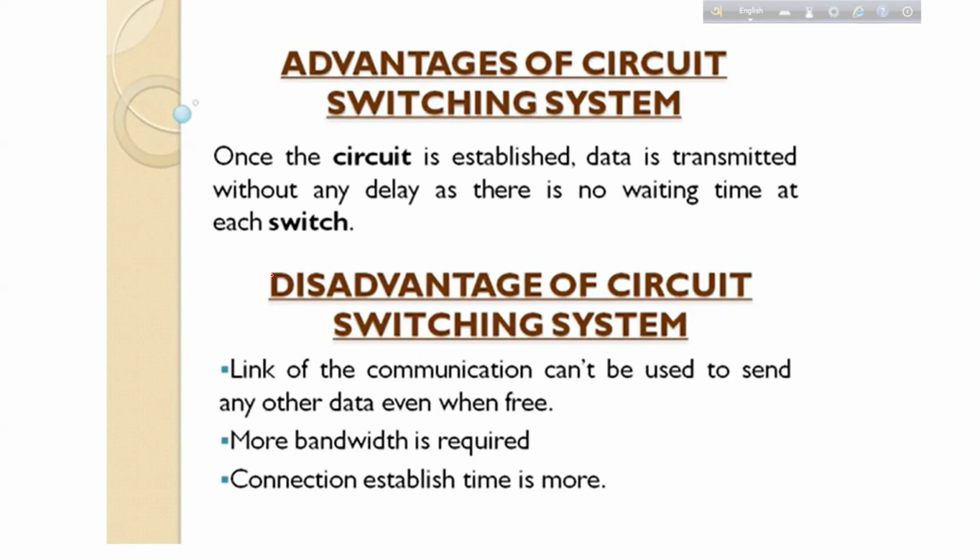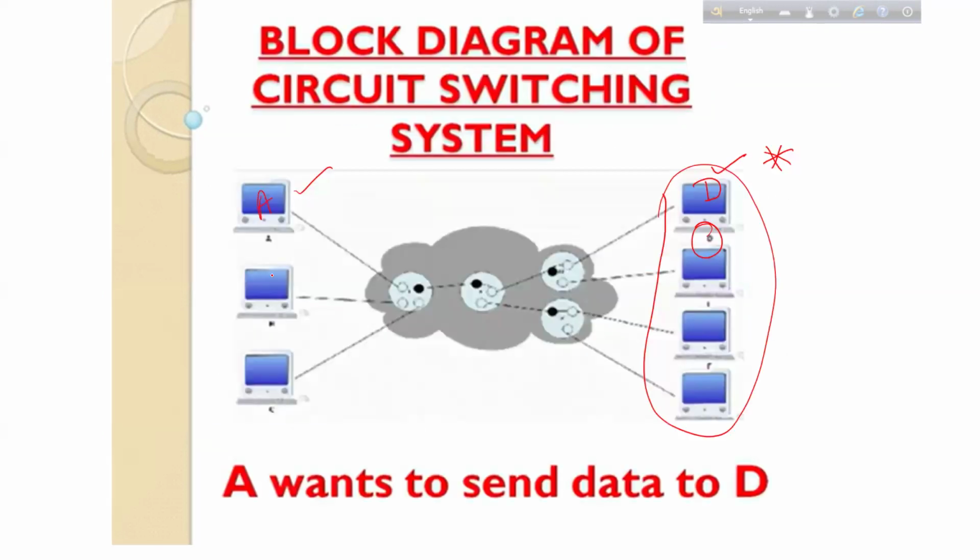Now the disadvantages are, the link of the communication can't be used to send any other data even when it is free. Say, for example, when this path is established for data transmission, A is transferring data.